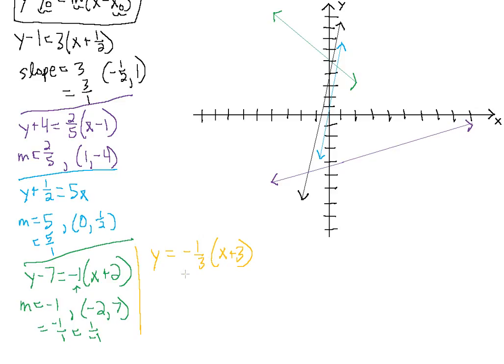This is actually point-slope form, but our y-naught coordinate is 0. So we want to watch out for that. We have our slope here of -1/3, and we need a point. We have an x-coordinate right here of -3, and our y-coordinate is 0. y minus 0 is just y, so it's just not appearing here.